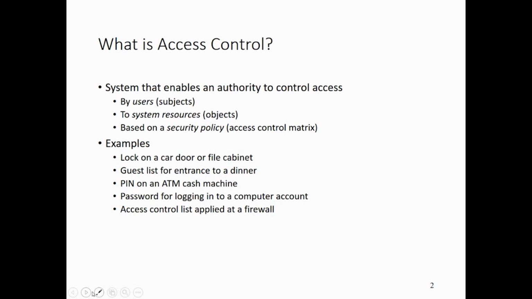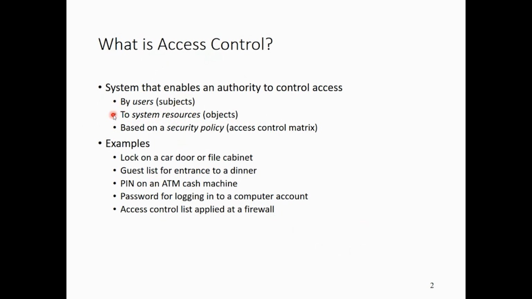As we see in this slide, access control has three main pillars: the users, or subjects, sometimes known as processors or processes, who want to access a set of system resources, and one of these resources is the computer network. In general, access control might cover any other resources.